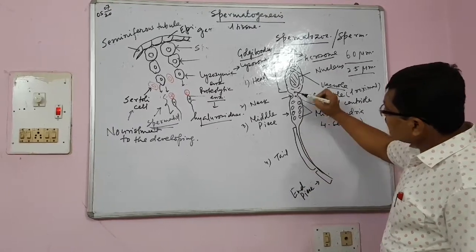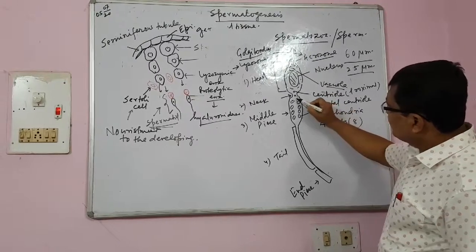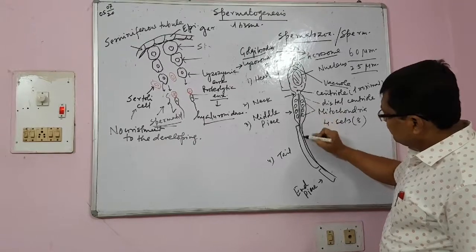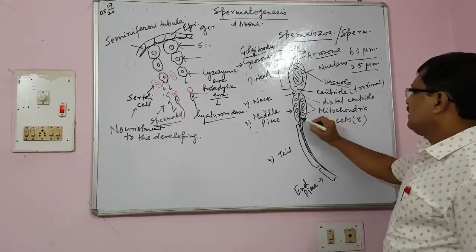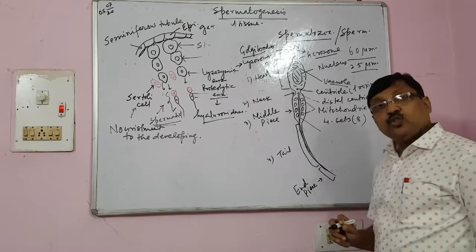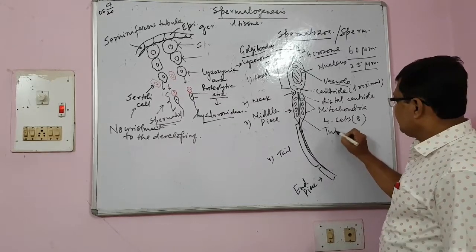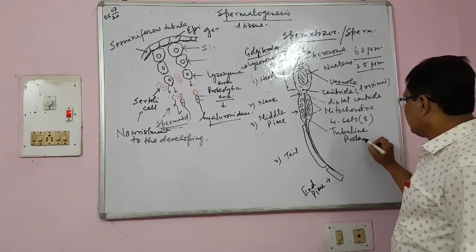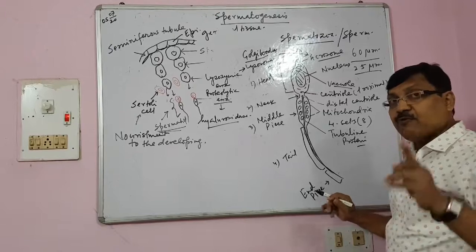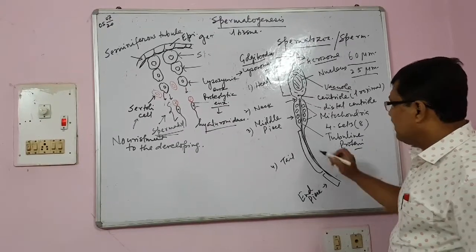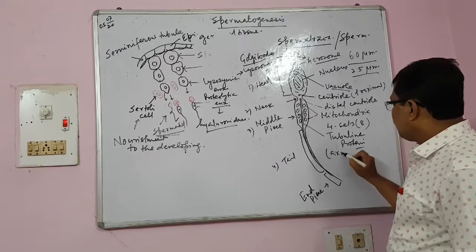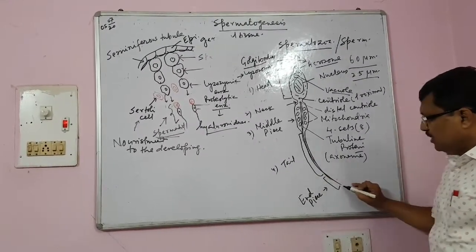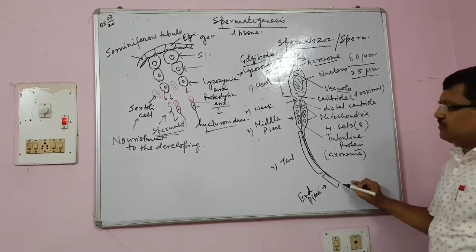Now, the distal centriole forms fibers of tubulin protein, and this protein forms the tail of the sperm, which is also called the axoneme, and finally runs up to the end point of the end piece.